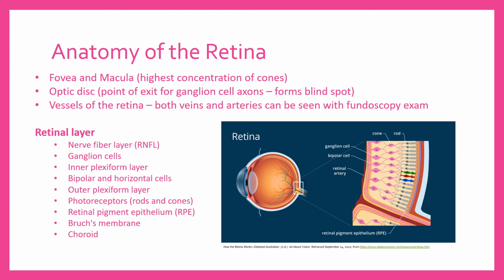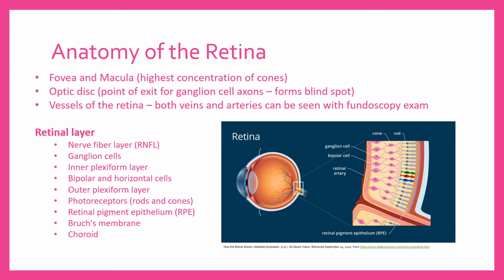The light first comes in and passes all the neural layers until it hits the photoreceptors, ironically, and then the signals from the light get passed back to the plexiform layers, the bipolar and the horizontal cells, the ganglion cells, and that eventually goes into the optic nerve. And look at how many layers there are.